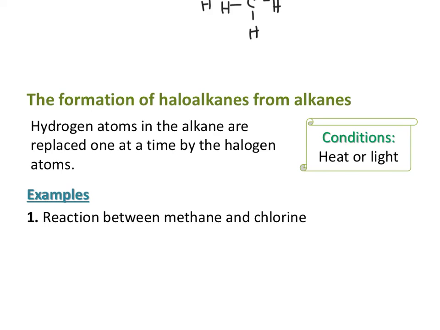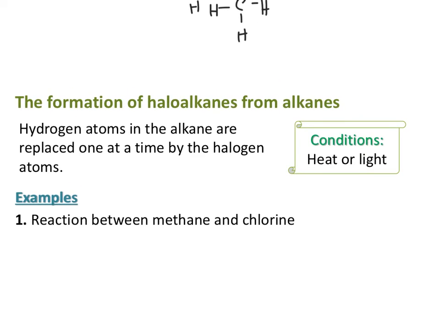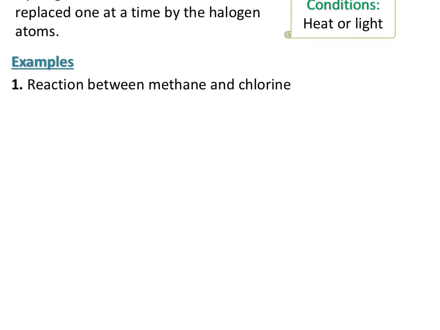So now you've actually seen this in a very, very quick way when we looked at the test of saturation. Hydrogen atoms in the alkane will be replaced one at a time by the halogen atom. Okay, so if we look at the reaction between methane and chlorine, so we'll start with an easy one.